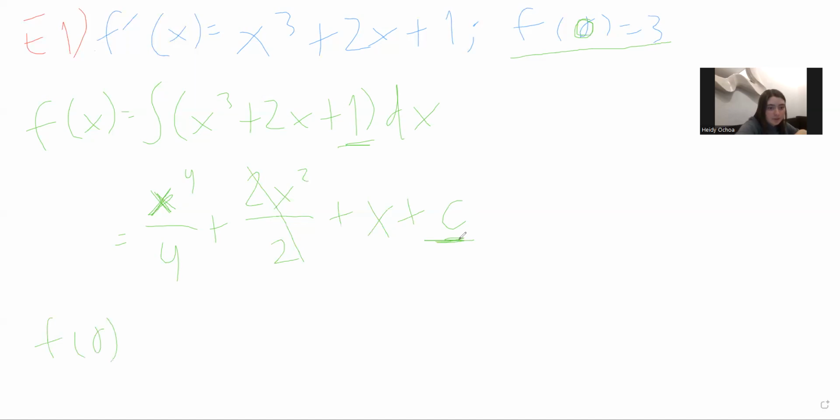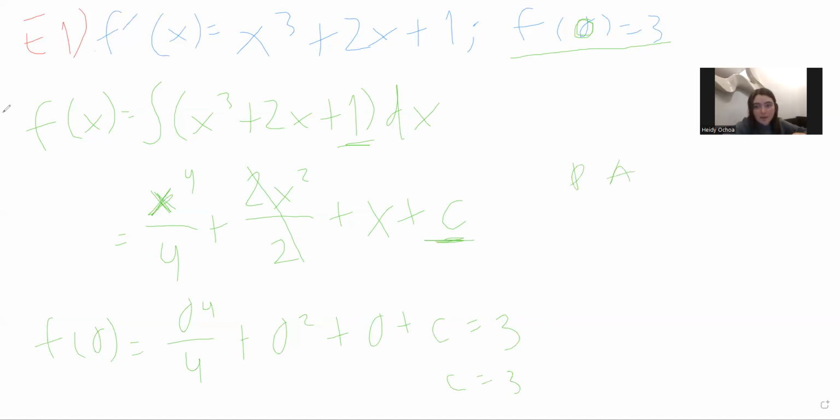So this will look like 0^4 divided by 4 plus 0^2 plus 0 plus c equals 3. And if we solve this, it's 0 plus 0 plus 0 plus c equals 3. So c equals 3. And lastly, our particular antiderivative function is easy to find.